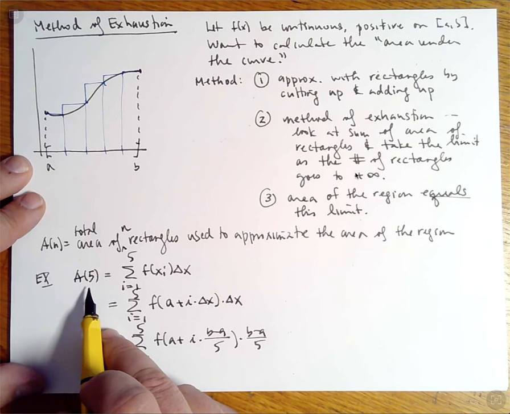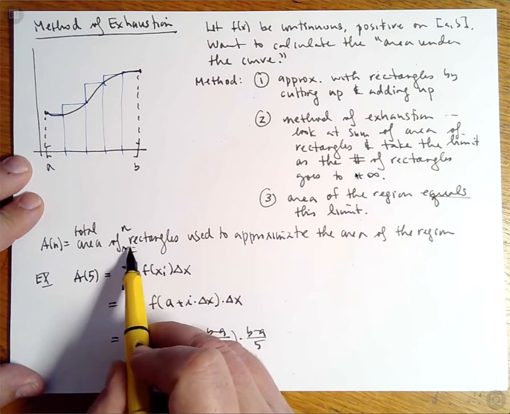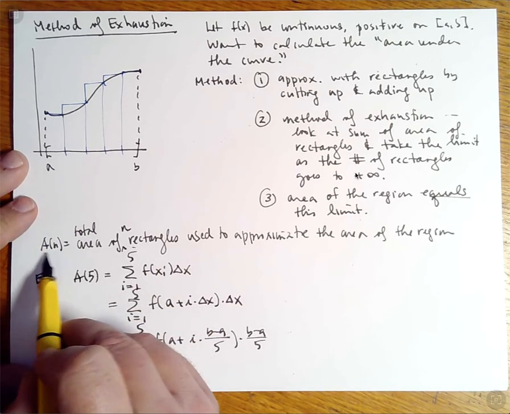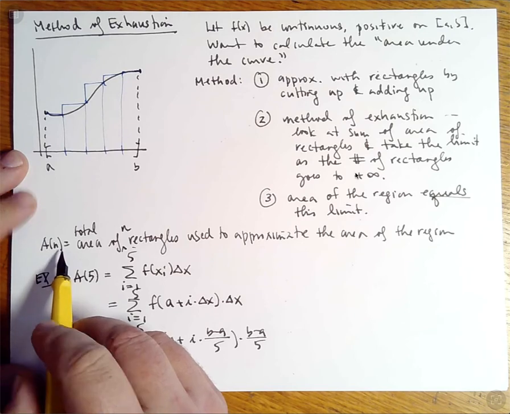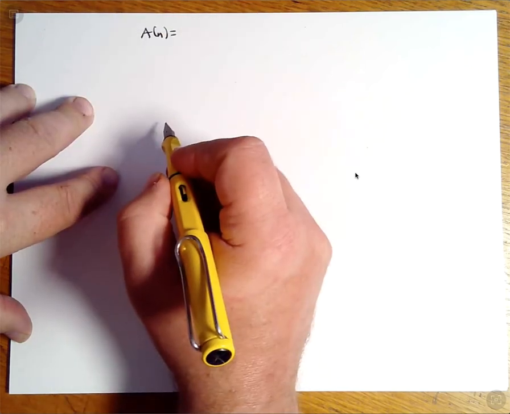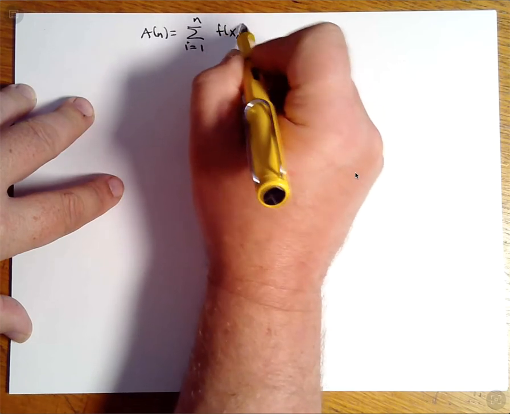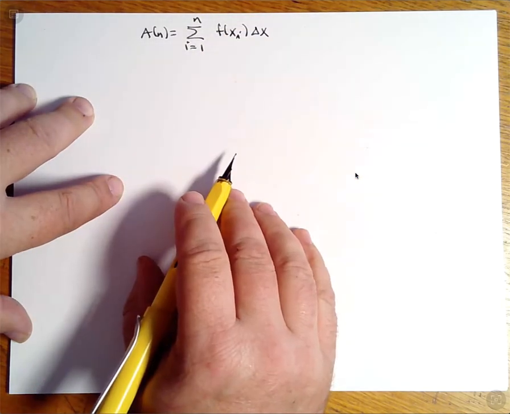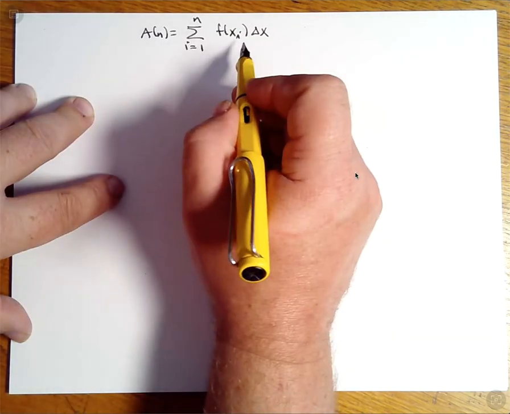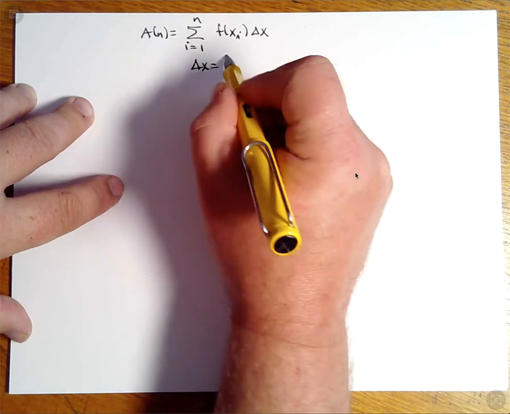To do the method of exhaustion, we don't want to use a concrete value for n here. We want to just work directly with this formulation for A_n. So let's take a look at what that would look like. So A_n, the area we get using n rectangles, looks very similar. Now, in fact, here's the generic way to write that down. But unlike the case where we had 5 rectangles, our delta x is going to look like this.